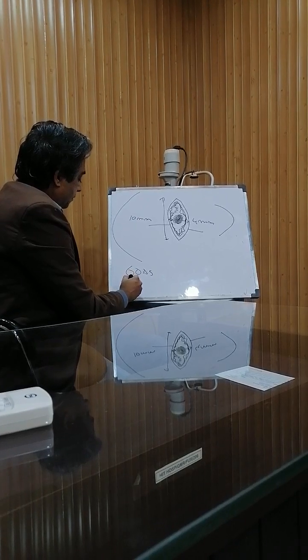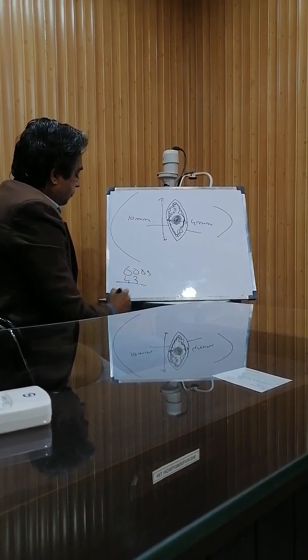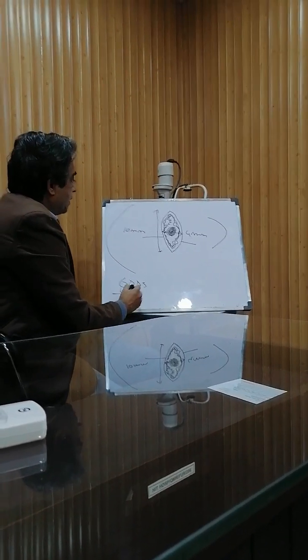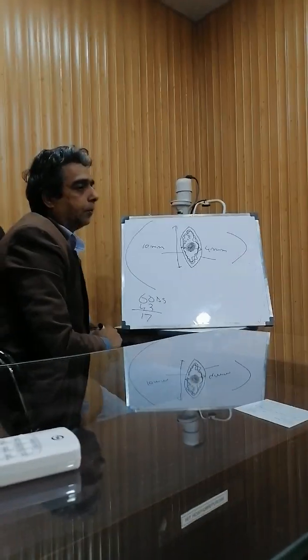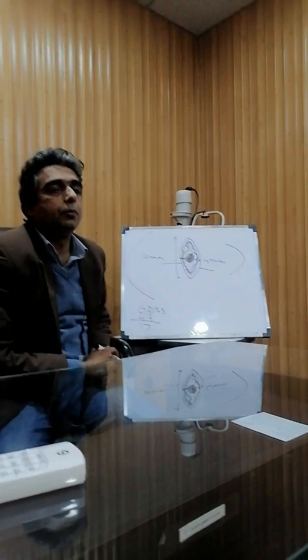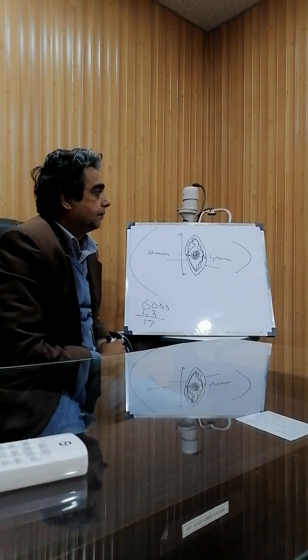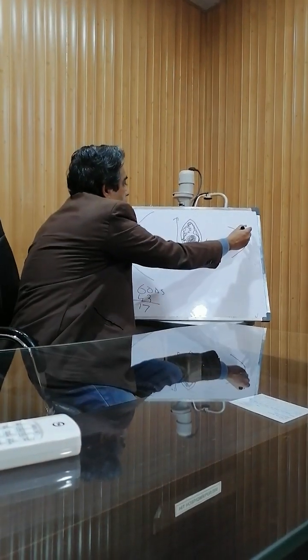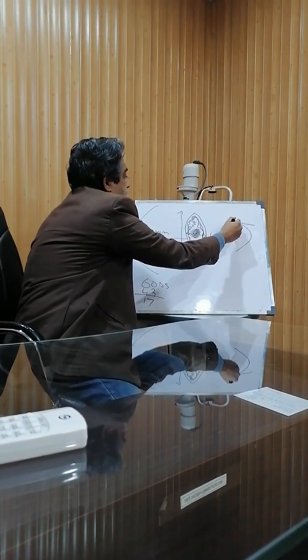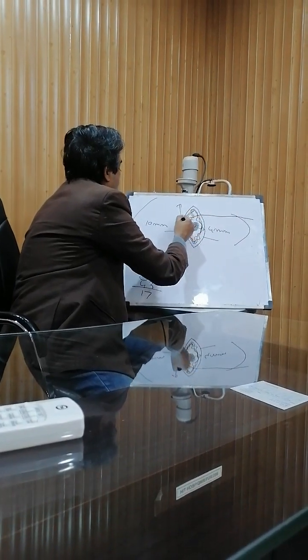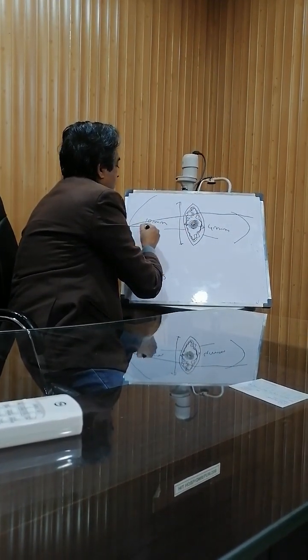Now 60 minus 43 is 17. It means that the remaining 17 diopters almost is contributed by the lens, and so the ray of light, this convergence, this second convergence, and here on the macula.